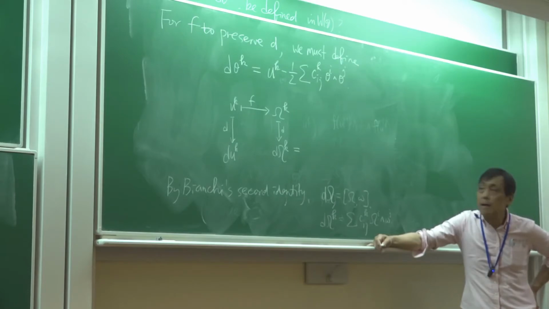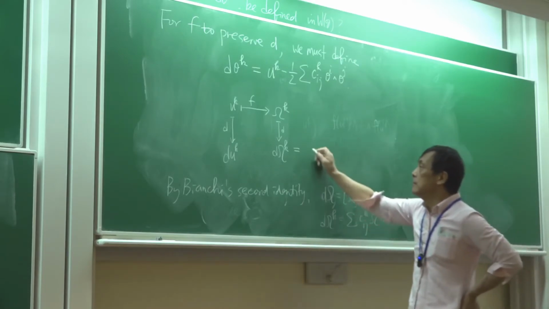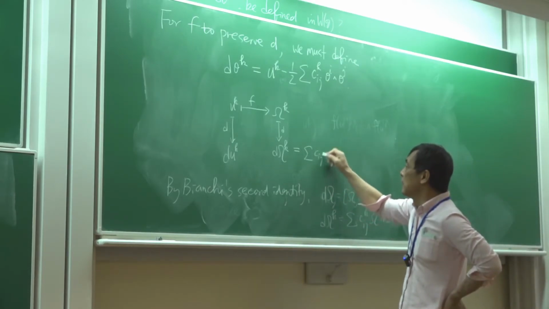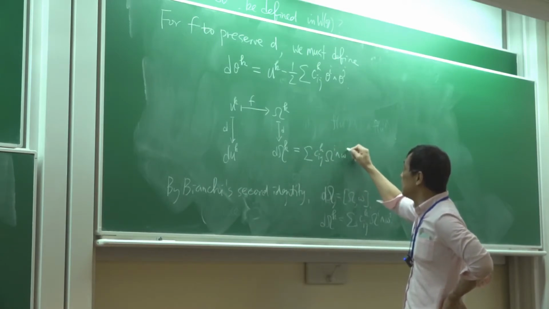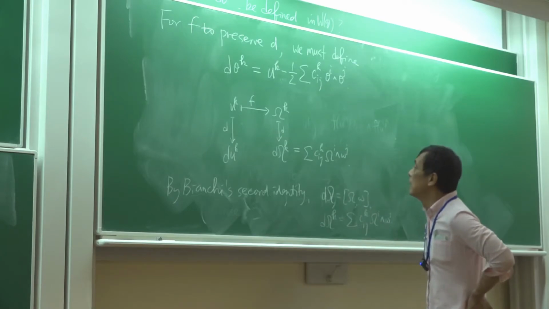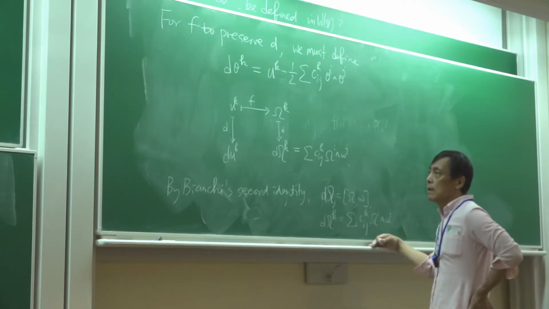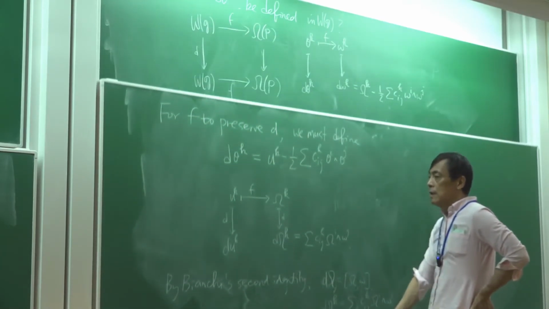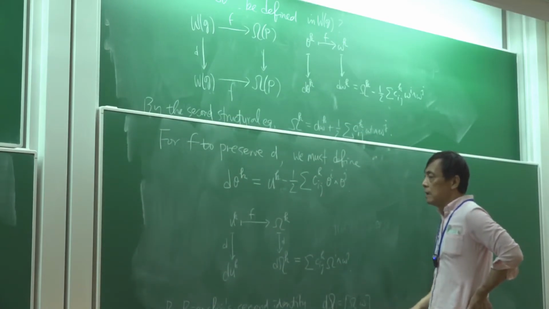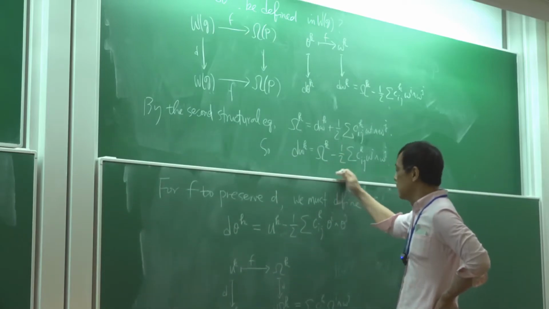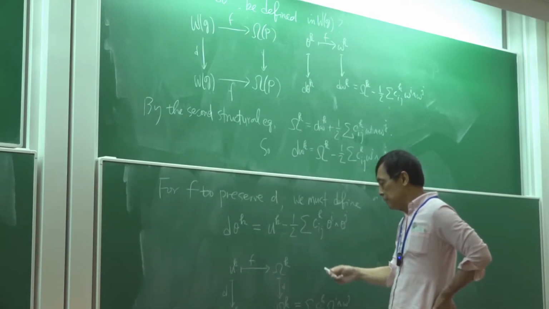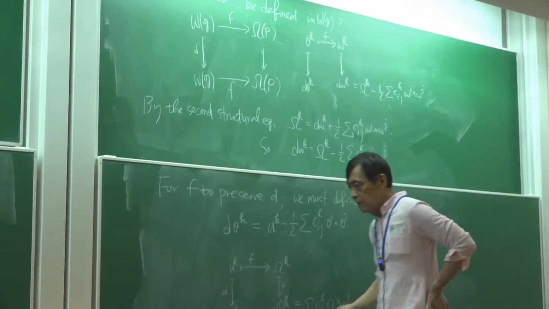So this is the sum of Cijk omega I wedge omega j. And so d uk has to be something that maps to this.